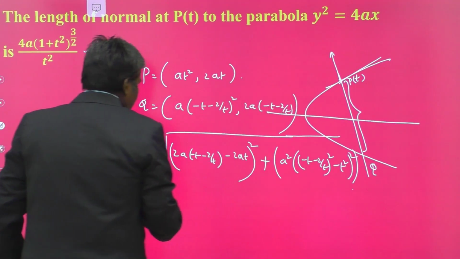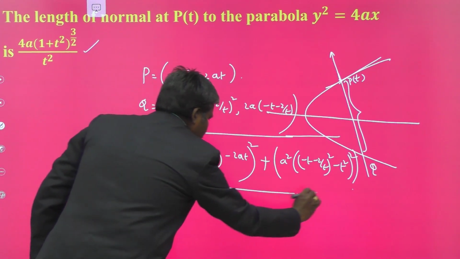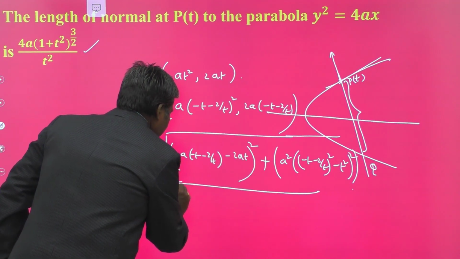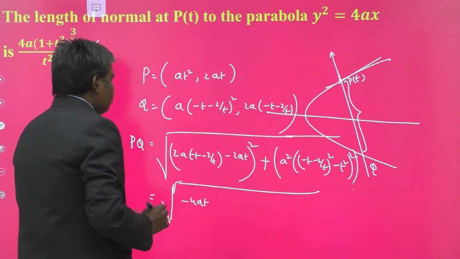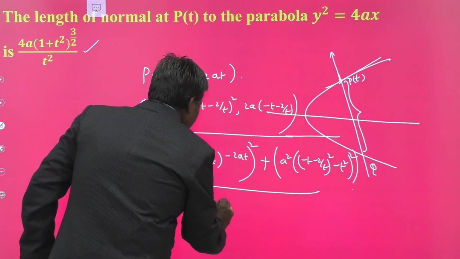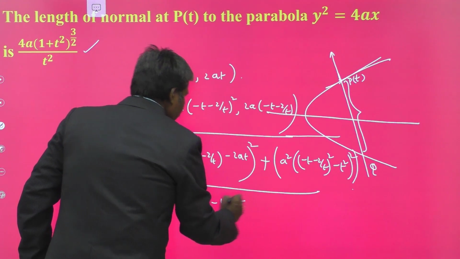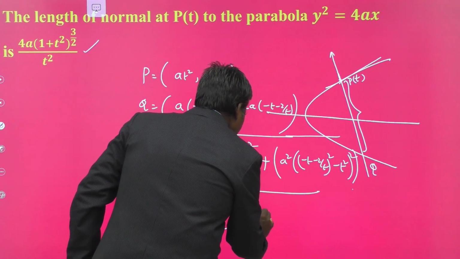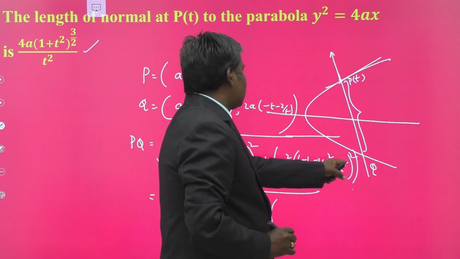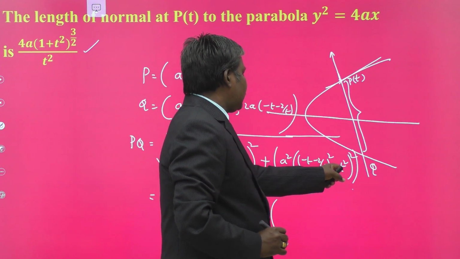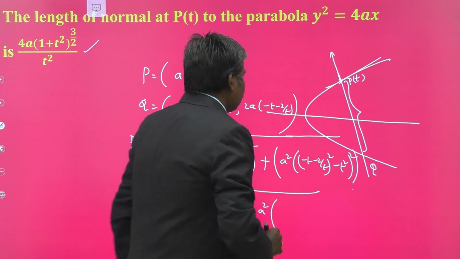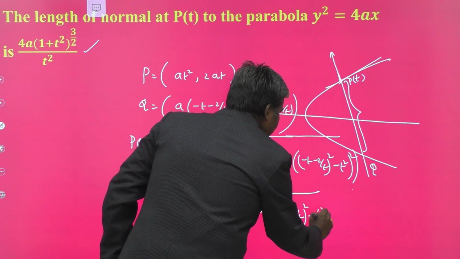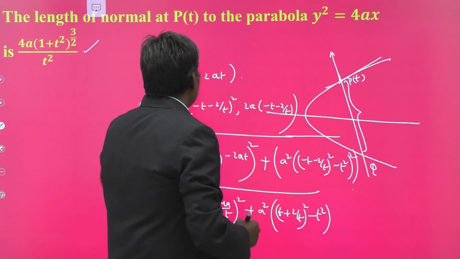So how to obtain this one? Square root of (minus 2at minus 2at, that is minus 4at, and minus 4a by t) whole square plus a square times of, this is of the form (minus t minus 2 by t) whole square, that is nothing but (t plus 2 by t) whole square minus t square, and that whole square is also there.